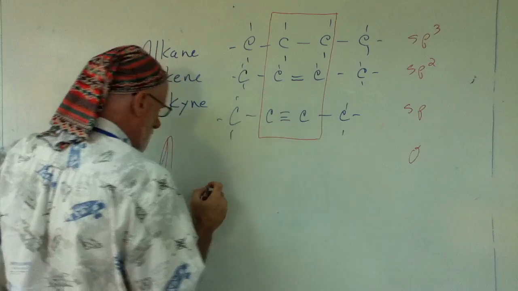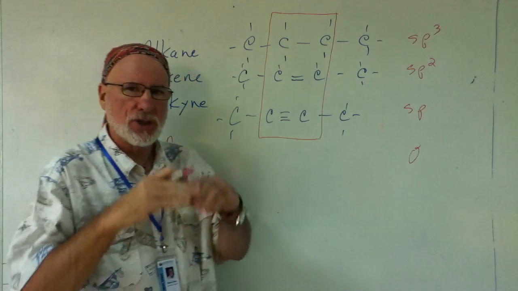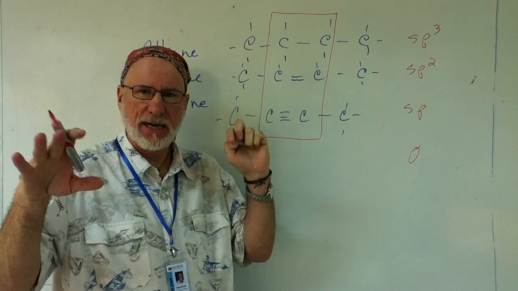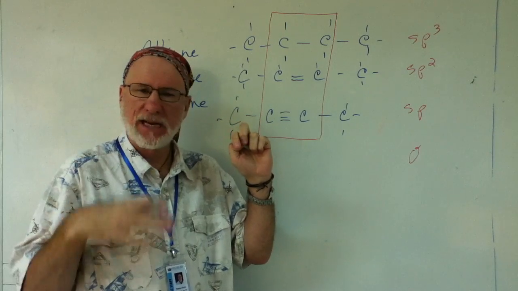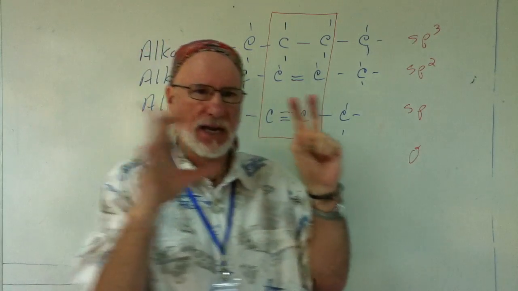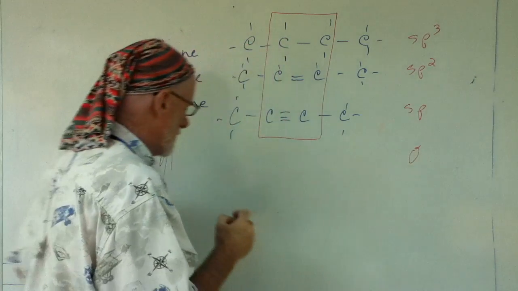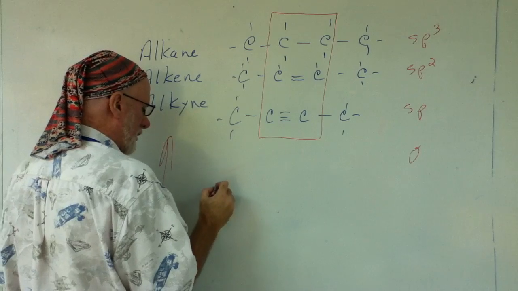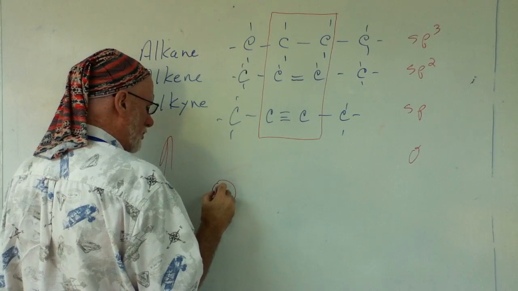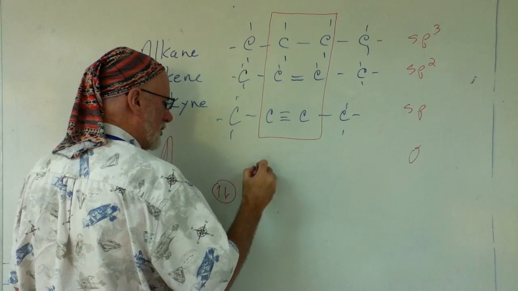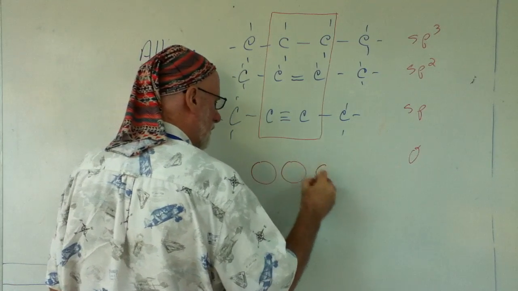Can we just look at the 2s, 2p? Can we forget the 1s? That's not important. We're looking at the valence electrons, just the second level, okay? So this is going to be 2s, and then 2p.